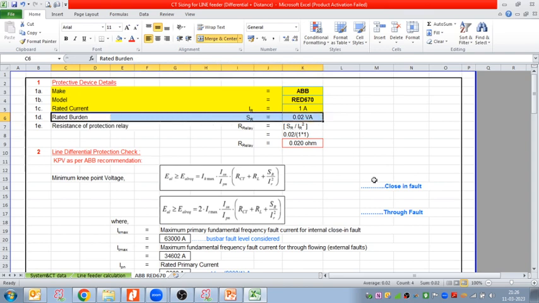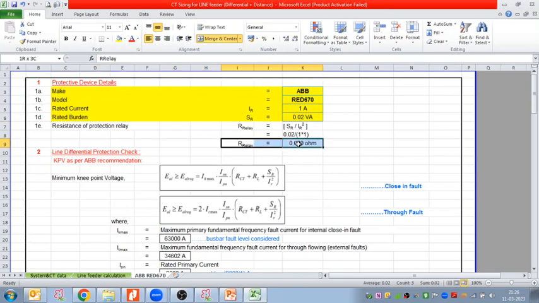The relay burden we can take from the relay technical manual, it is also given in the application manual. From the relay burden in VA, and knowing the current, you can calculate the resistance of that relay, how much resistance it will offer. So these four cells are clear.